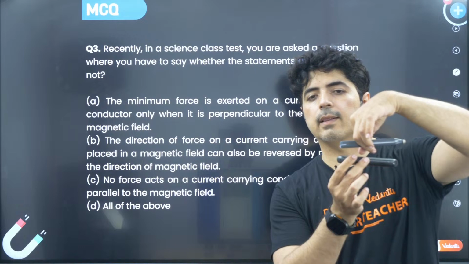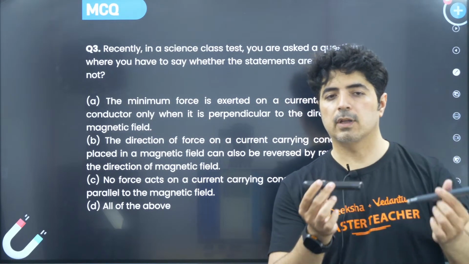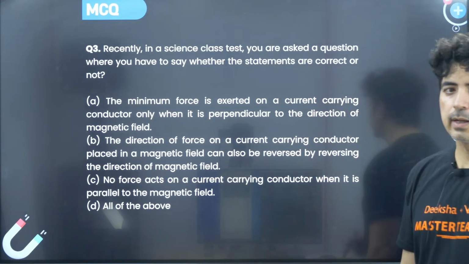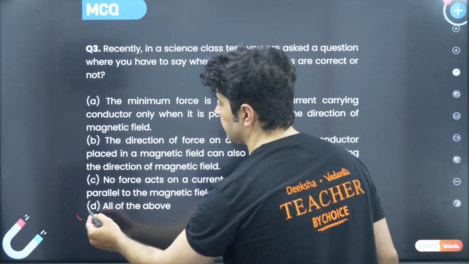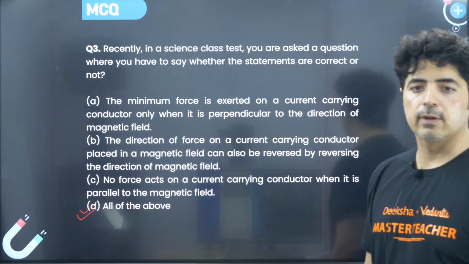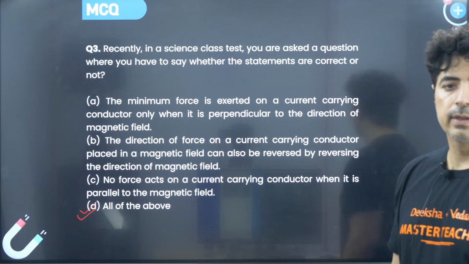The moment it becomes parallel, no force. Alright. So the answer over here is again all of the above. Yes, I can see in the comment box everybody has given that. Very good. Thank you very much. So let's go to the next part.